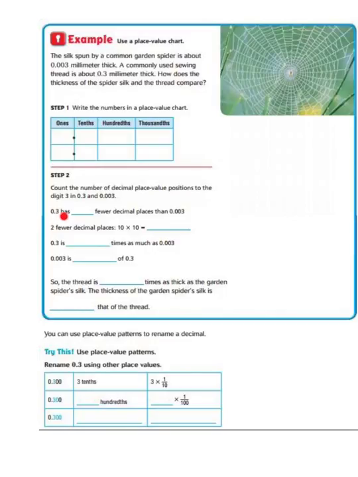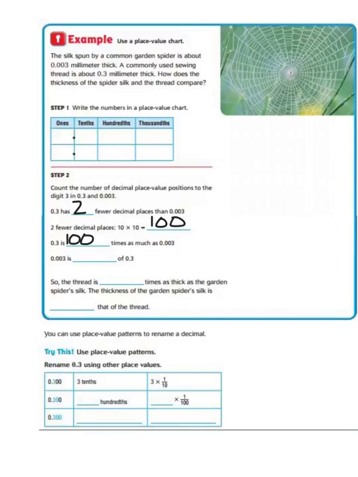So 3/10 has 2 fewer decimal places than 3/1000. 2 fewer decimal places is 10 times 10 equals 100. 3/10 is 100 times as much as 3/1000.